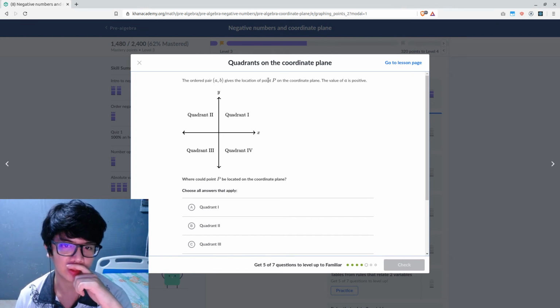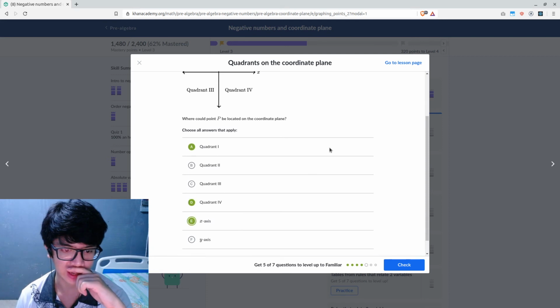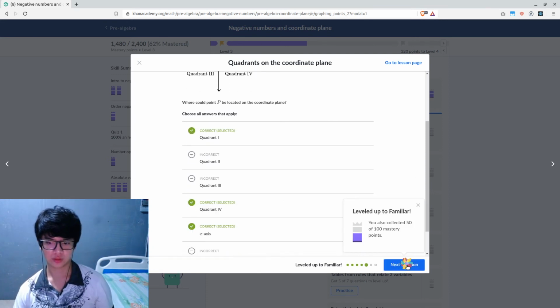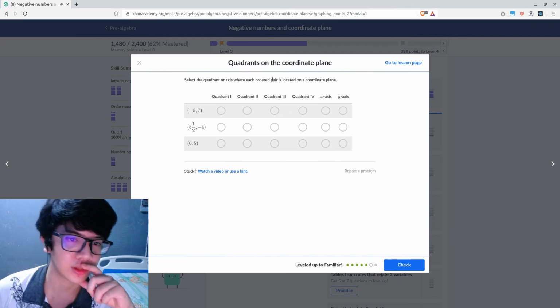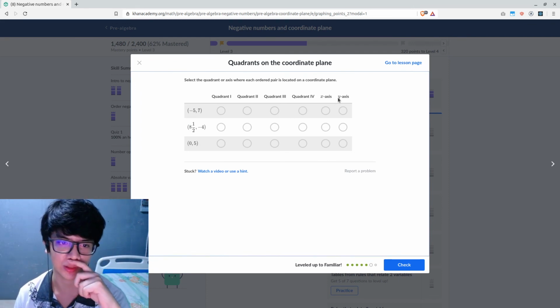Give the location of point P on the coordinate plane. The value of A is positive, so it could be in quadrant 1, quadrant 4, or on the x-axis. Select the quadrant or axis where each ordered pair is located on the coordinate plane. -5, positive 7 is probably true. -4, 0, 5 is on the y-axis.